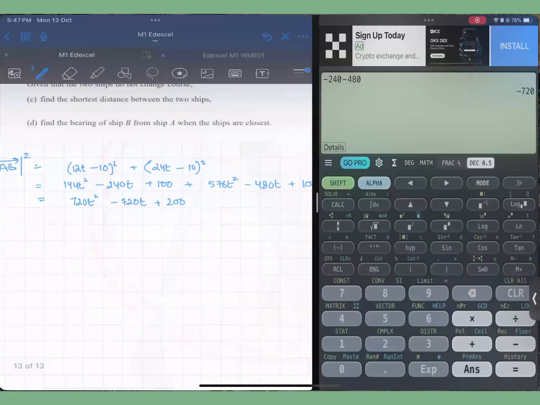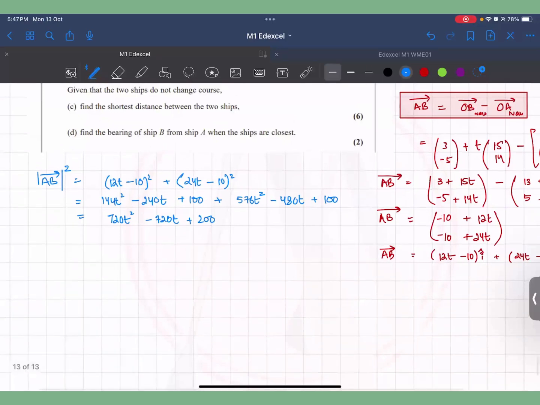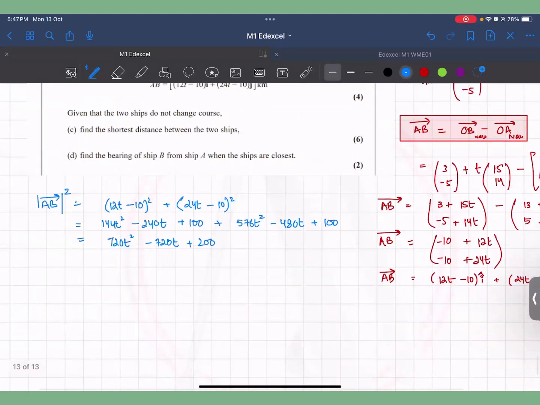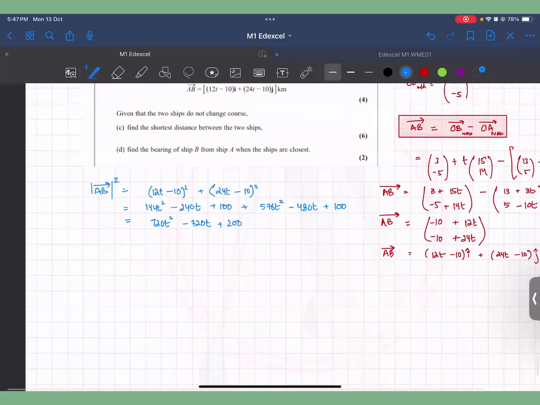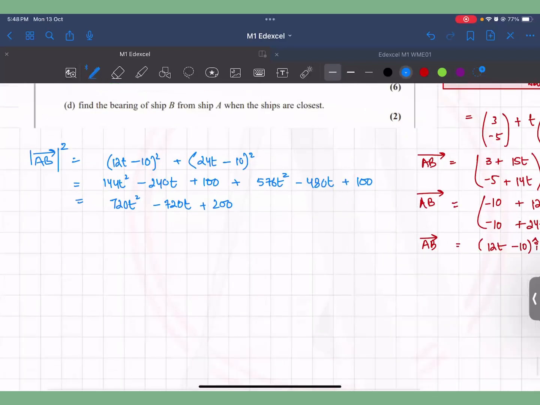Now what? We use differentiation. Any other way? What would you do after you differentiate? Differentiation is P1, so you have not done P1 yet, you're directly doing M1. We use the quadratic formula and then you will find the roots.